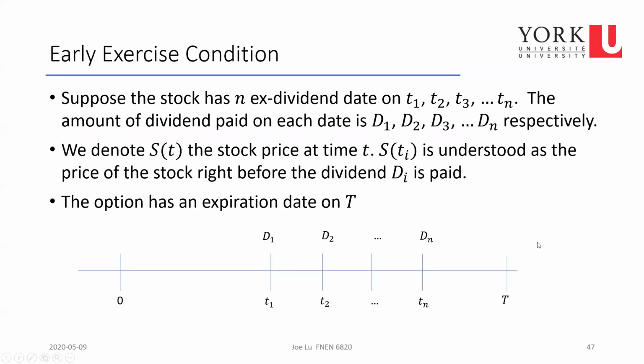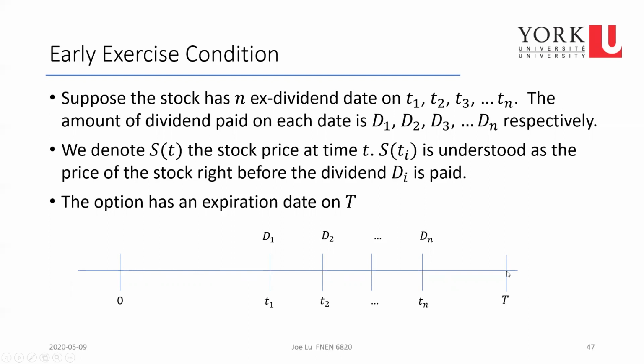Okay, so let's set up the situation and the conditions here, and that allows us to do the analysis. First of all, let's say we have an American call option. We're at time 0 now.